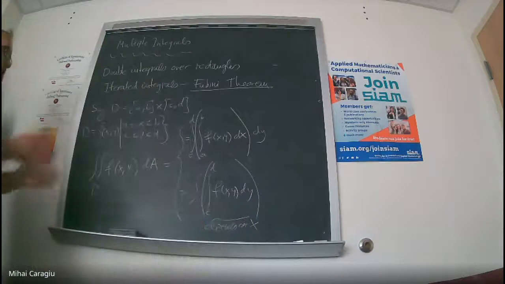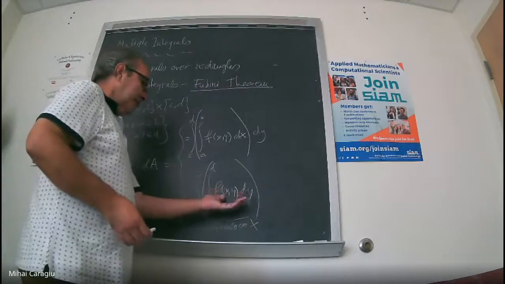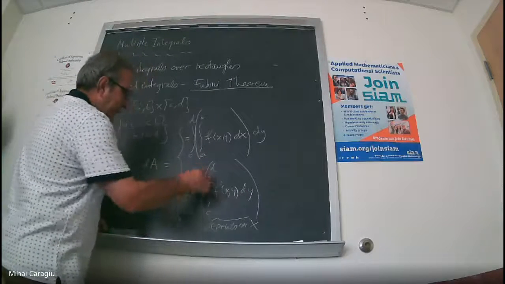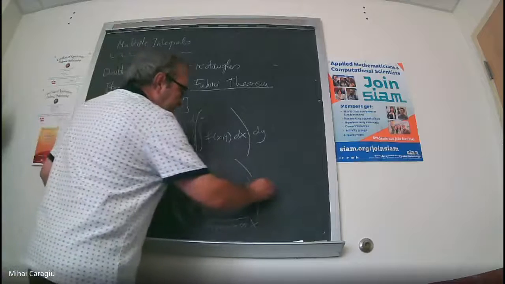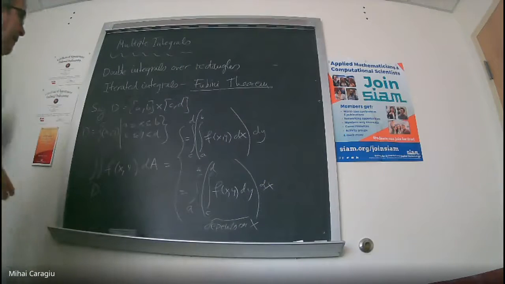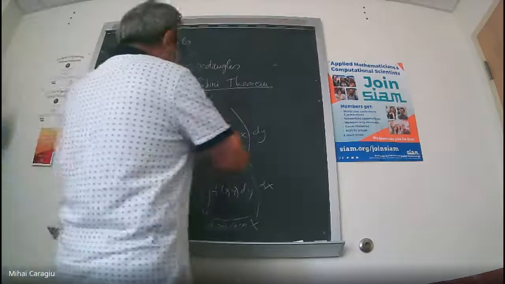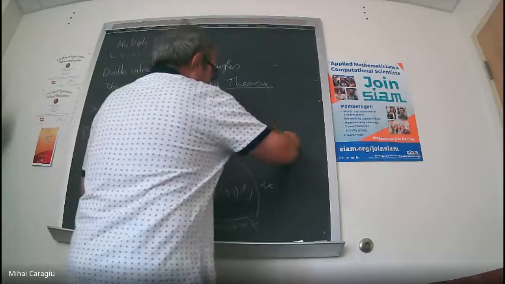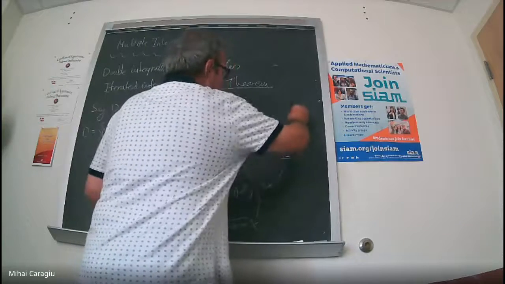Once we get something which depends on x, we simply integrate from a to b whatever we got, dx. And the outcome of the Fubini theorem is that the double integral is either this one or this one, and in both cases they are the same. And that's the Fubini theorem.